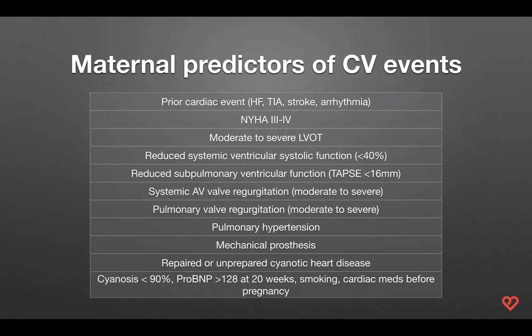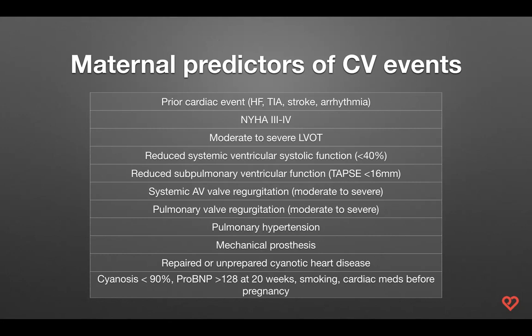I'm putting this up there because even though we have WHO classifications, they've narrowed it down to which maternal predictors of cardiovascular events. And here you see things like reduced pulmonary, subpulmonary ventricular function. So your TAPSE of 16 millimeters. You can see that a reduced EF of less than 40.